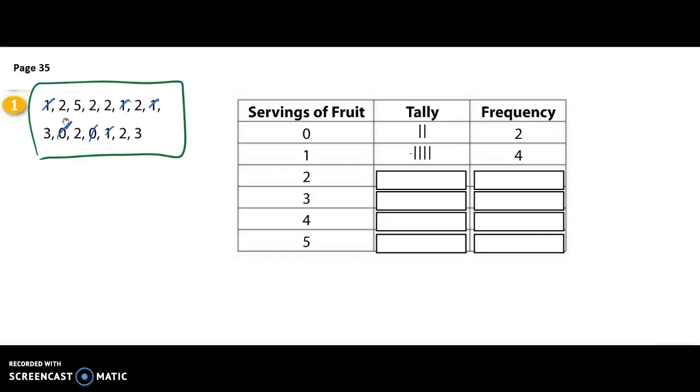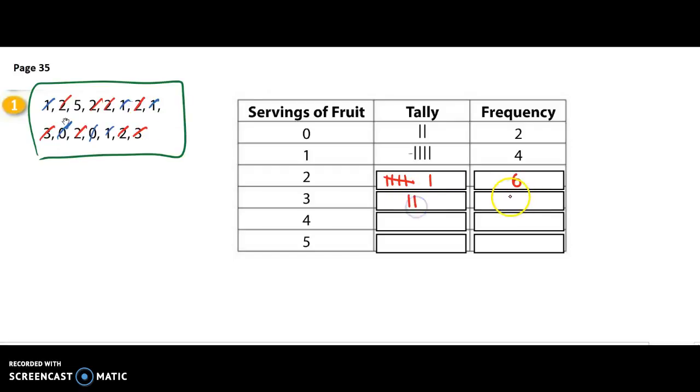Let's see how many twos we have. 1, 2, 3, 4, 5. Oop, I missed one. 6. We should have 1, 2, 3, 4, 5, 6 twos. Let's check our threes. It looks like we've got 1, 2.